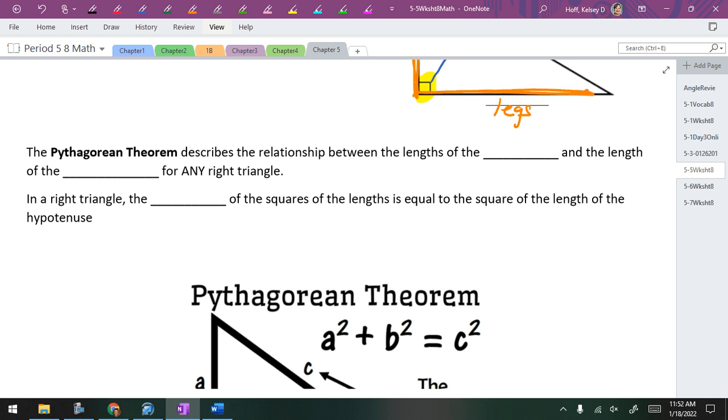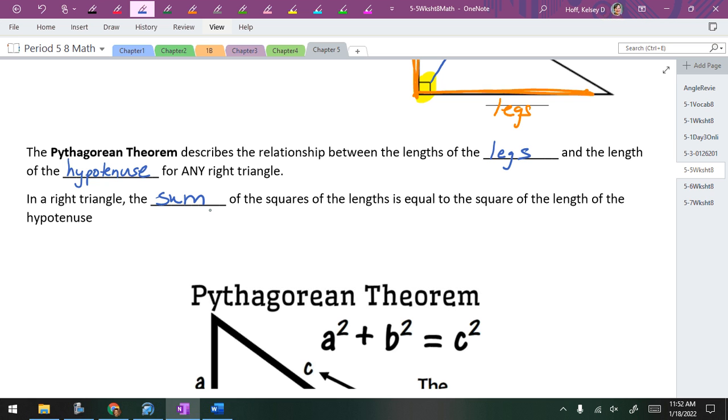The Pythagorean theorem describes the relationship between the lengths of the legs and the length of the hypotenuse for any right triangle. As long as there's 90 degrees, the Pythagorean theorem is going to work. In a right triangle, the sum of the squares of the lengths of the legs is equal to the square of the length of the hypotenuse.